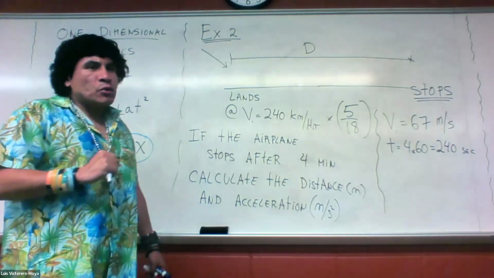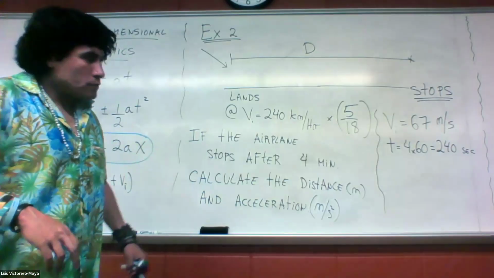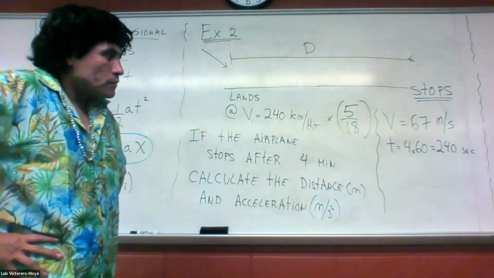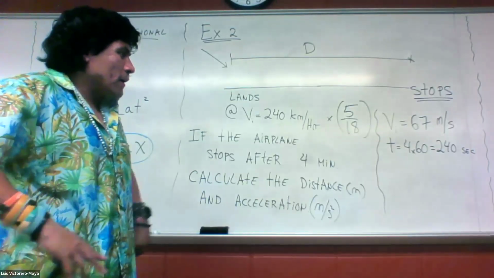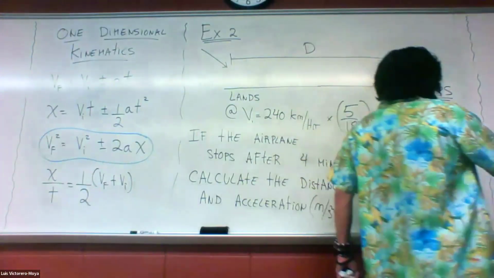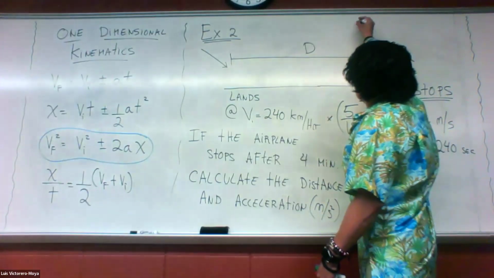What equation are you using or did you use? I use VF equals VI plus AT. Yeah, so that to get the acceleration. Very good. Okay, so to get the acceleration, we just use that. Let's do it here. To find acceleration.